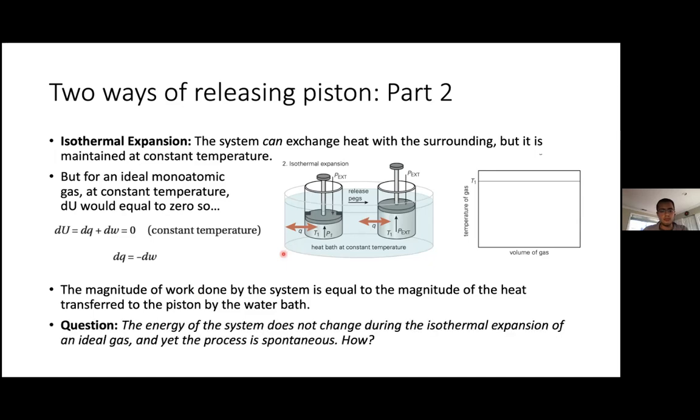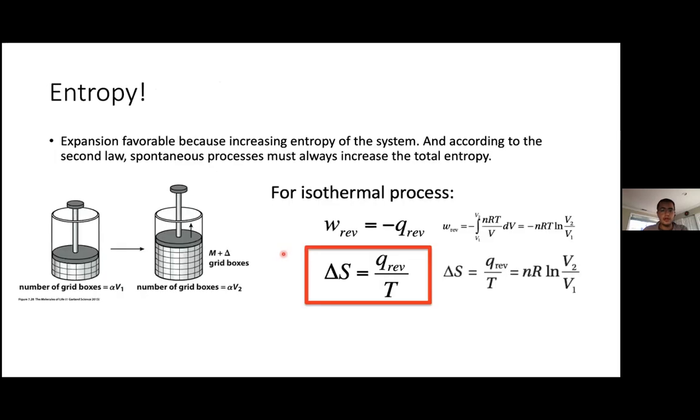So this raises a question. If the total internal energy of the system doesn't change during isothermal expansion, what's making this process spontaneous if there's no change in energy? Well, that's where entropy comes into play, because if you recall the second law of thermodynamics that I talked about in the very beginning, spontaneous processes always happen in the direction of increasing entropy.